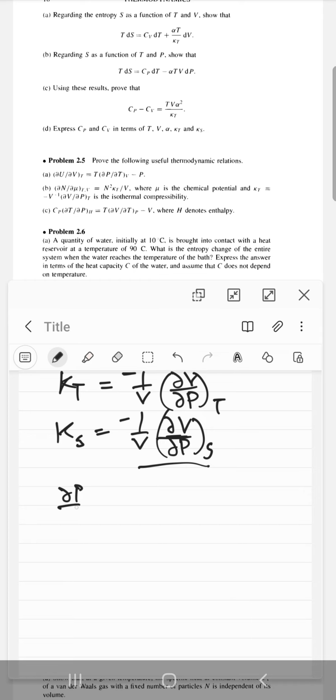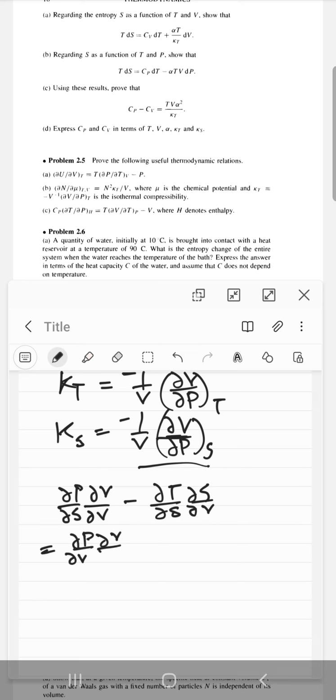So we got partial P by partial S, partial P by partial V, minus partial T by partial S by partial V is equal to partial P by partial V by partial S, minus partial. Yes, this is tedious. I don't want to be doing this ever again.